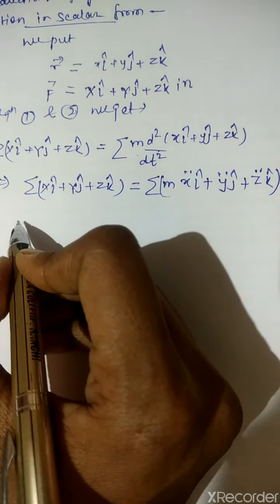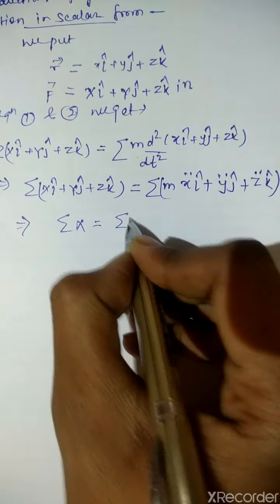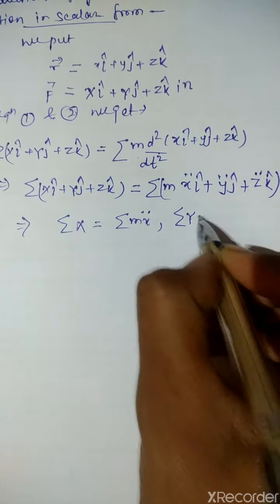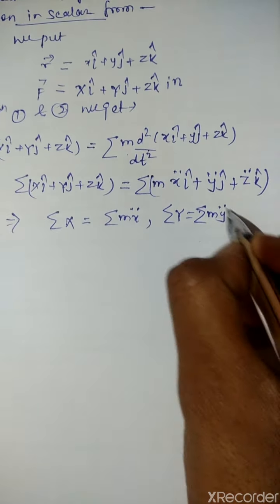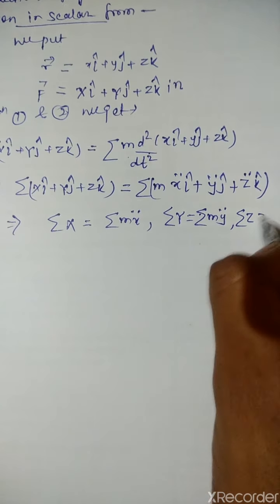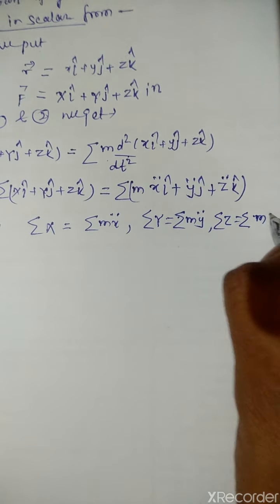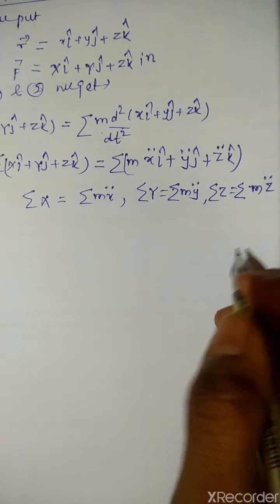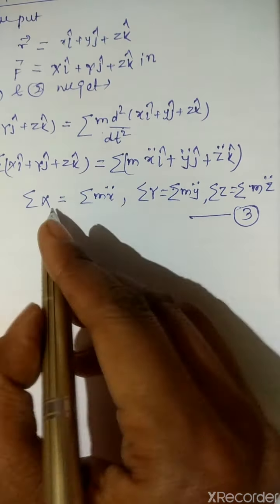Now equating both sides, we have sigma X equals sigma m x double dot, sigma Y equals sigma m y double dot, and similarly sigma Z equals sigma m z double dot. Let us put this as equation number 3.